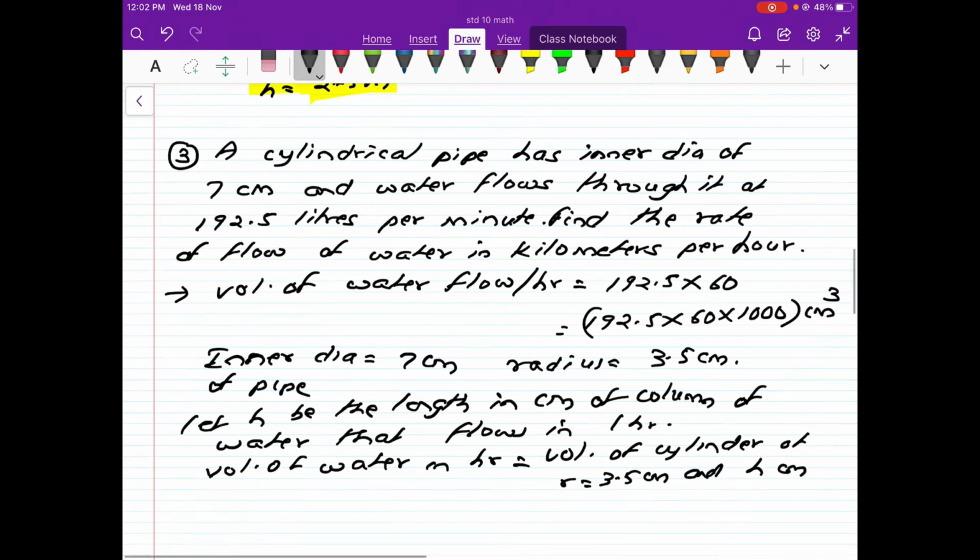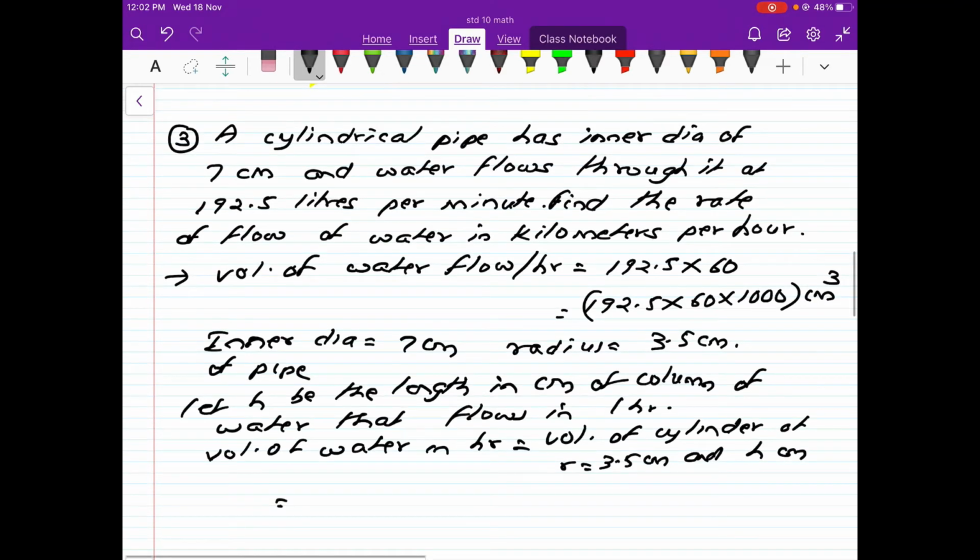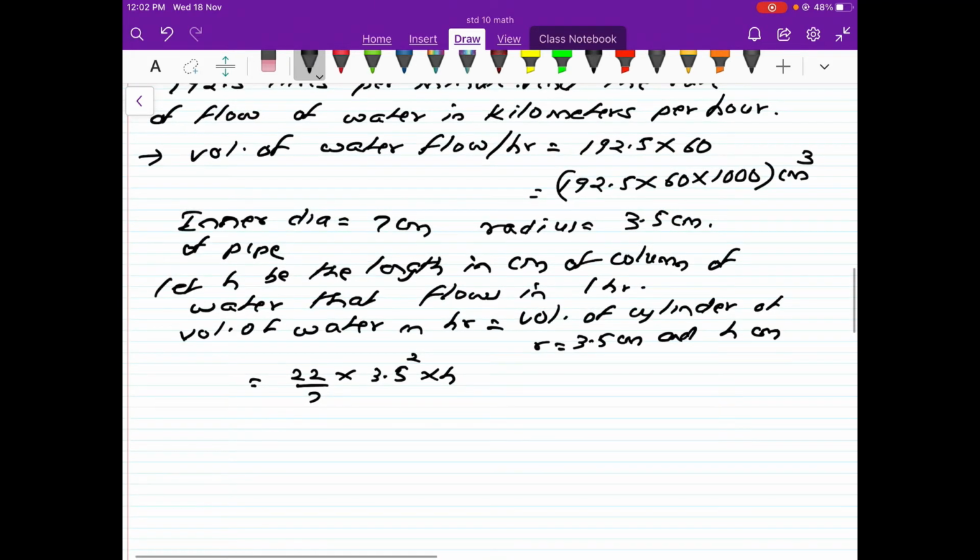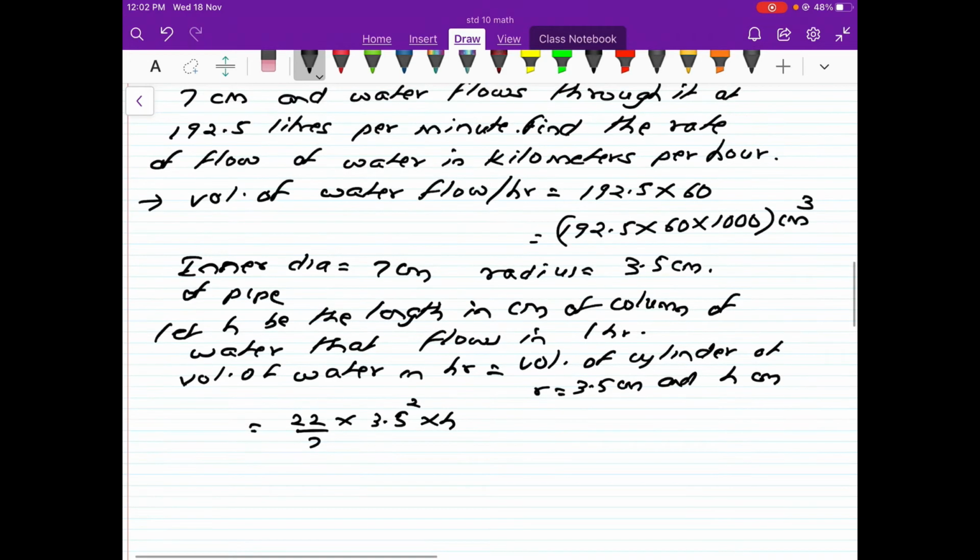We don't know this, so we will just multiply. So this is pi into 3.5 square into h. Now we'll have to equate this volume with this volume. Suppose this is 1 and this is 2. Remember, both are equated. So 1 and 2.